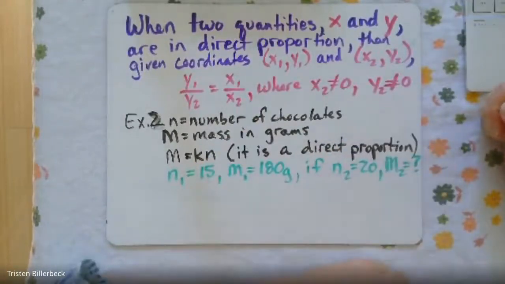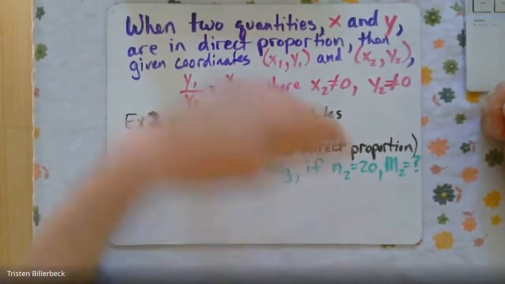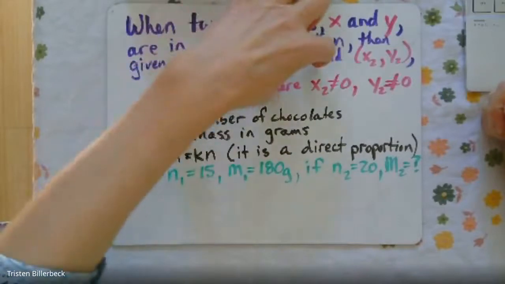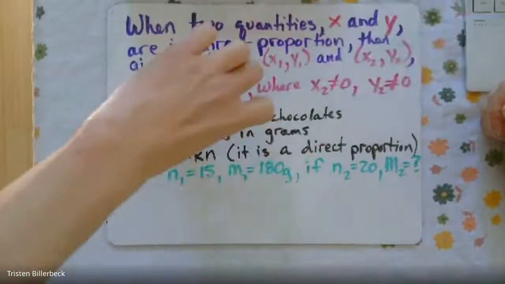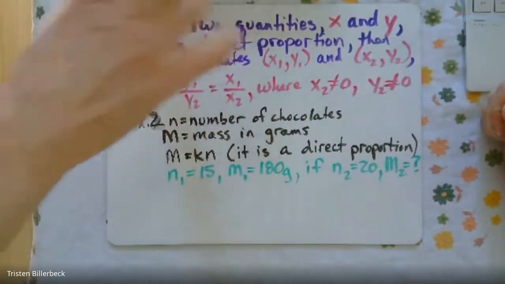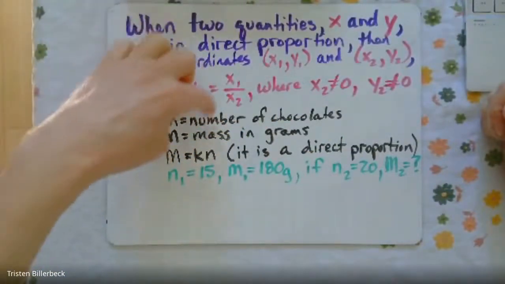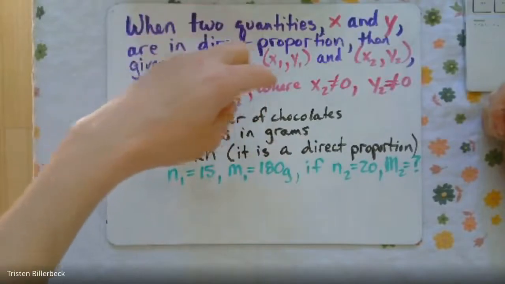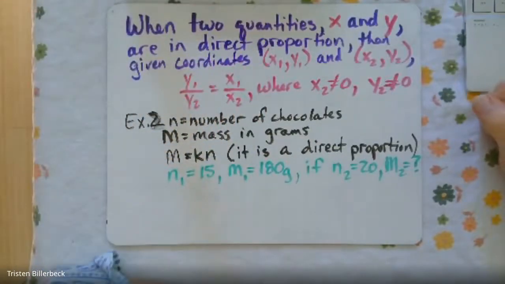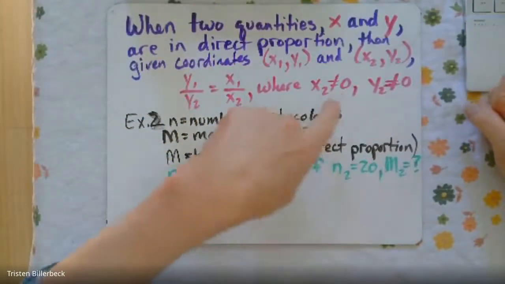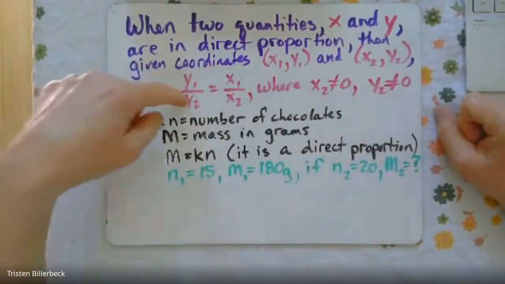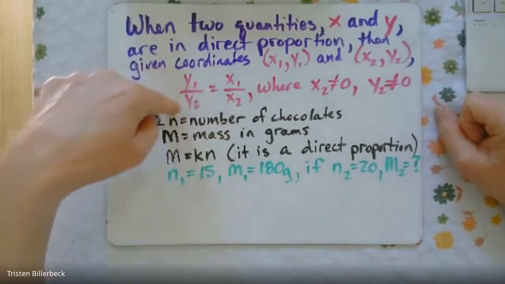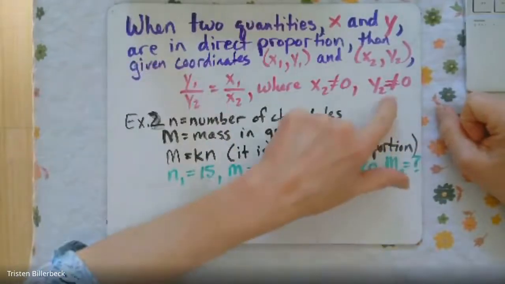When we have coordinates like that, we can put the coordinate set that belongs to this on top and the set that belongs to this on the bottom, making sure our y's are together here and our x's are together here, and that should be equal. But we have to make sure x2 and y2, because they're in the denominator, aren't 0.